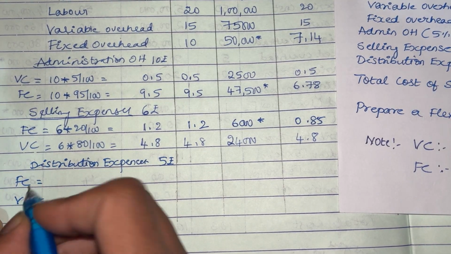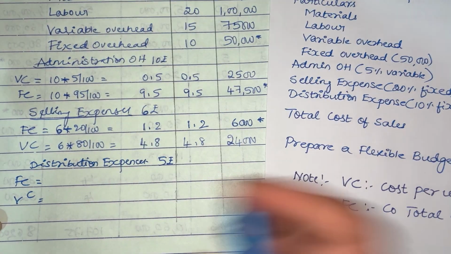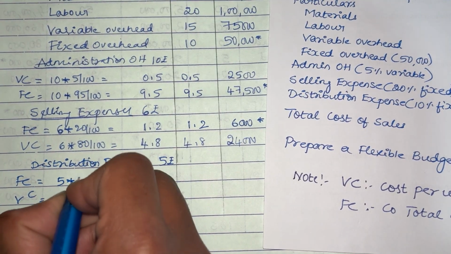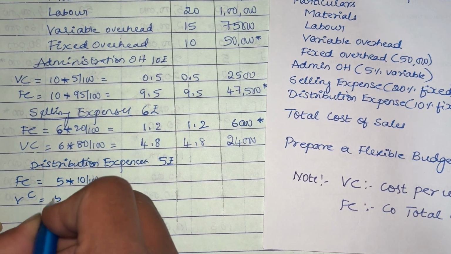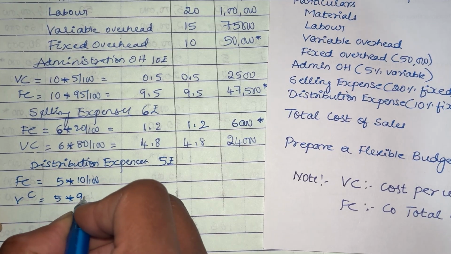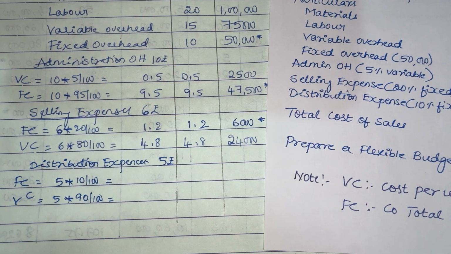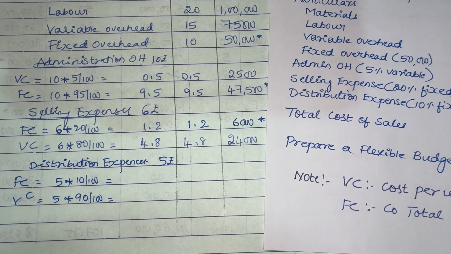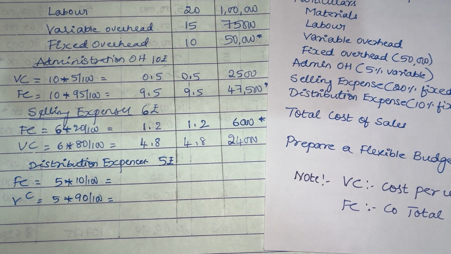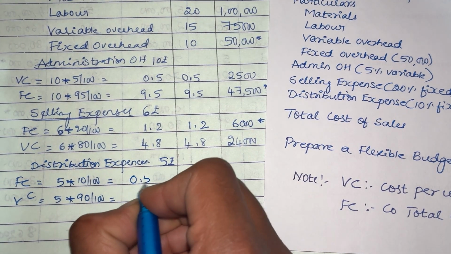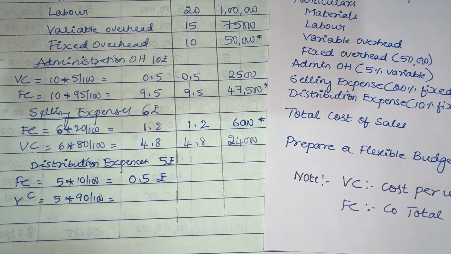So fixed cost, 10% is fixed, so that is 5 into 10 divided by 100, then 5 into 90 divided by 100. So 5 into 10 divided by 100 is 0.5 rupees.